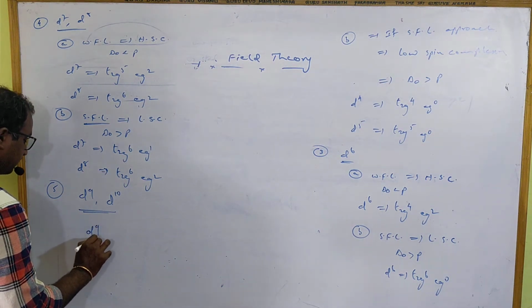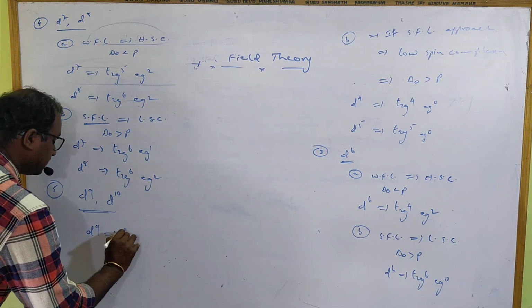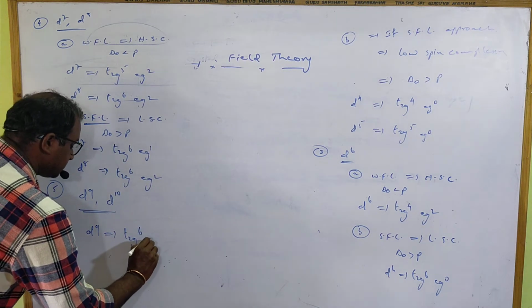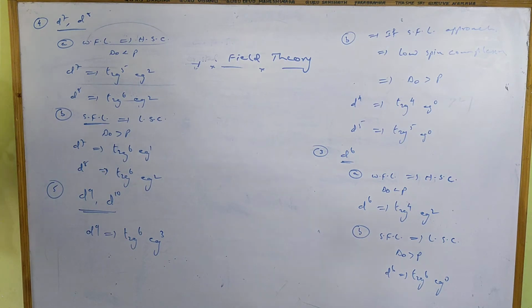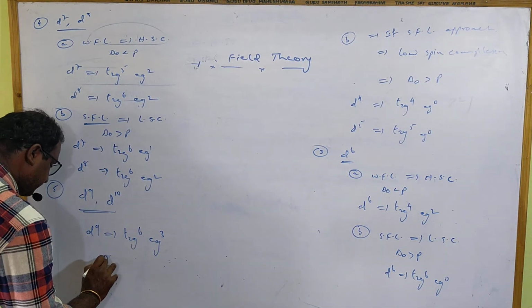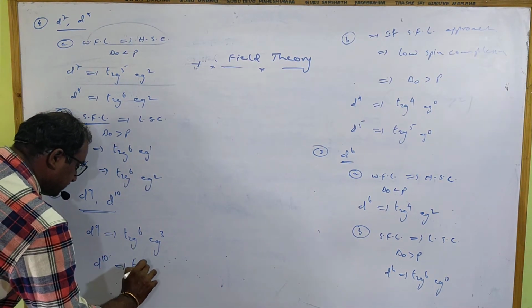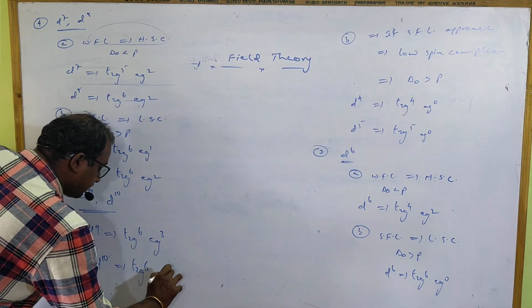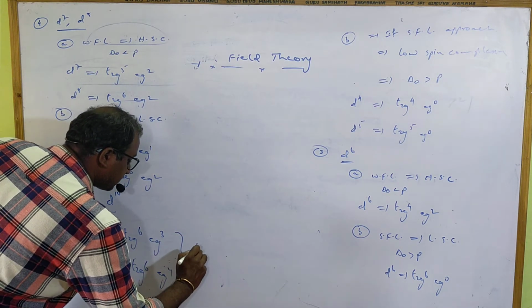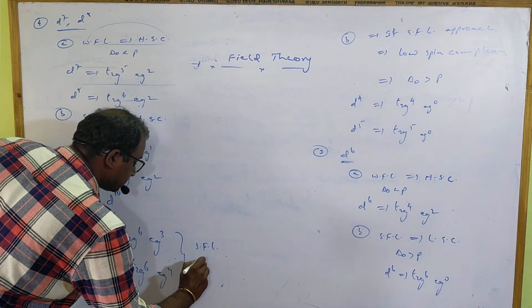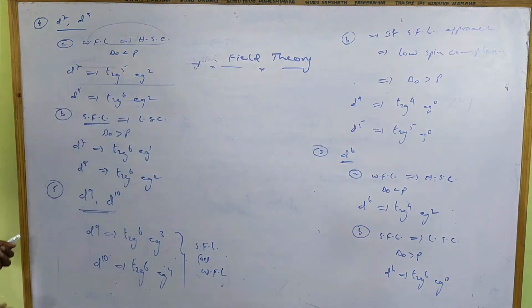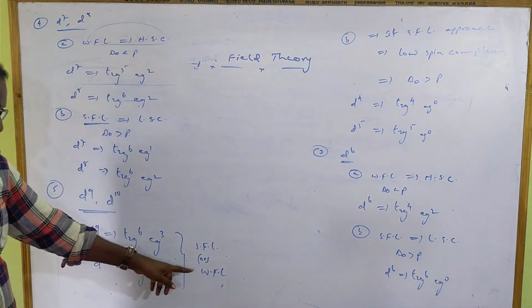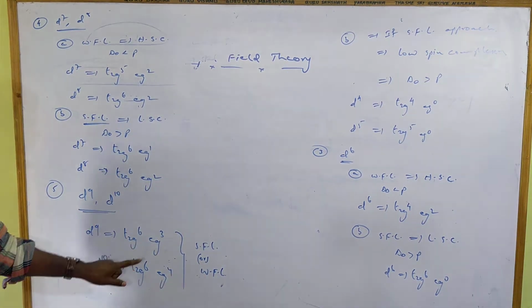For D9, the configuration becomes t2g6 eg3. 6 plus 3, 9. For D10, t2g6 eg4. This will be there for both strong field ligands and weak field ligands. Whether the ligands are strong field or weak field, the configuration is the same.